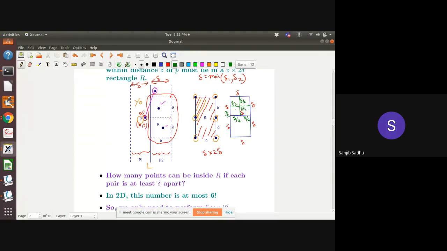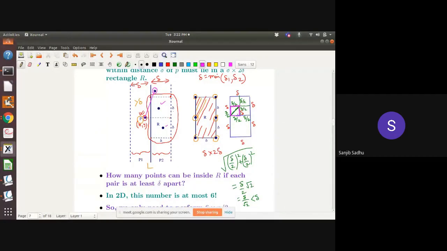So what is the length of this diagonal? This diagonal will be the square root of (delta by 2) square plus (delta by 2) square. That is equal to delta by 2 times square root 2, which means delta by square root 2. Now, this value is less than delta. Check it. So you see, within this smaller square there can exist only one point, not 2 points.